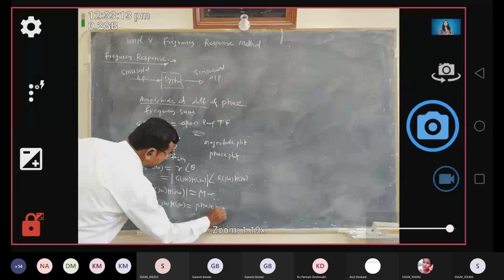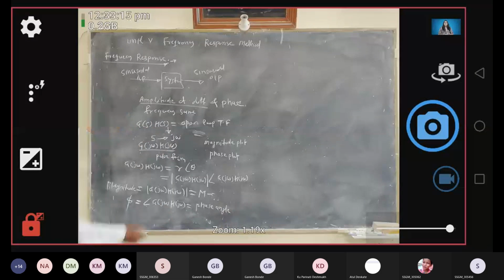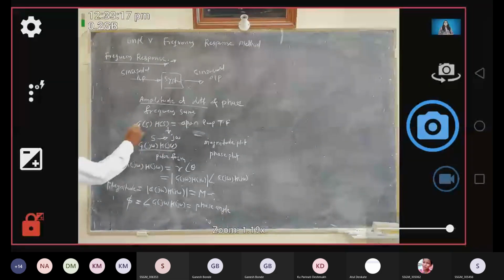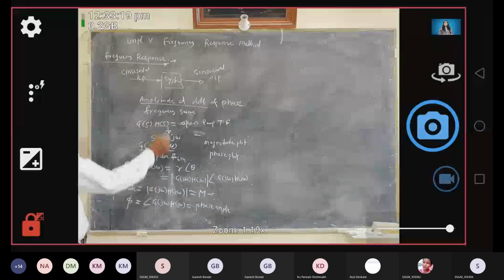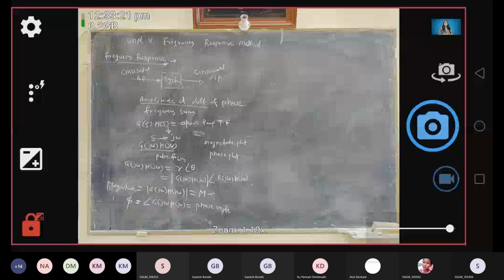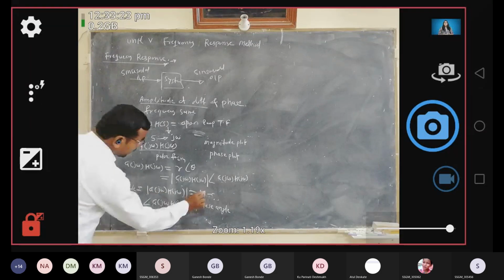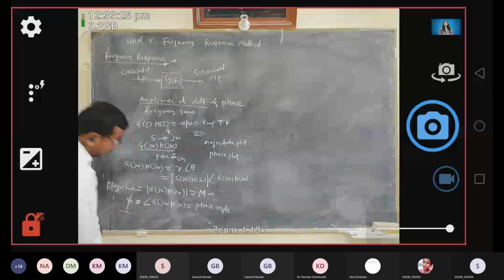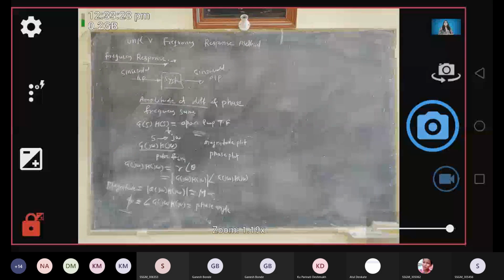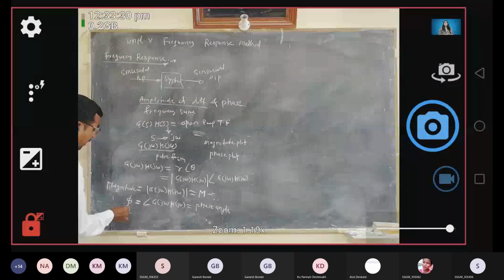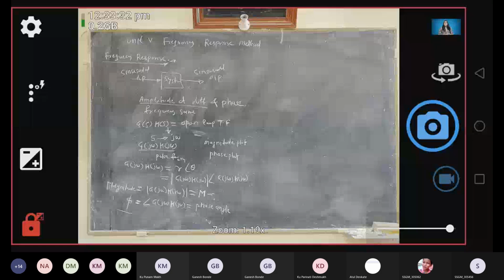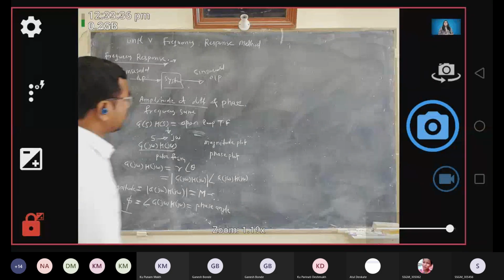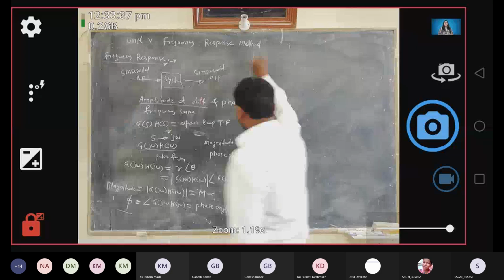In this way, from the given open loop transfer function G(s)H(s), we convert into the frequency domain and determine the value of M and the phase angle phi. With the help of M and phi, we are going to plot the frequency response of any system. So please note down this M and phi.